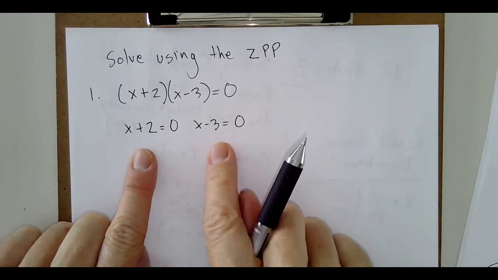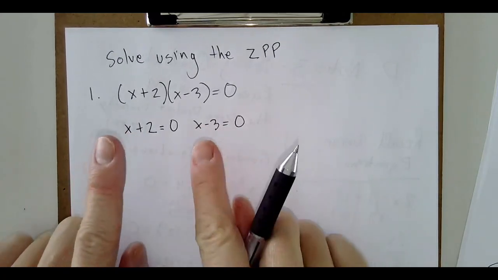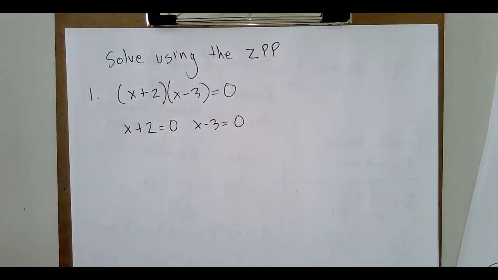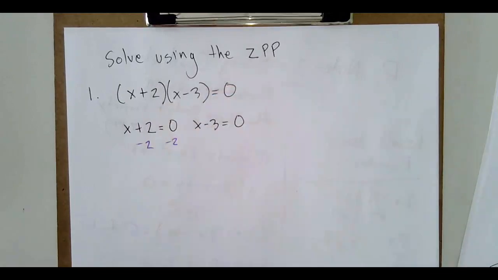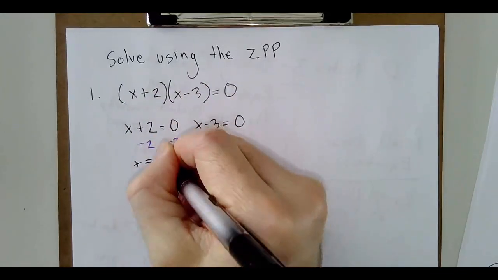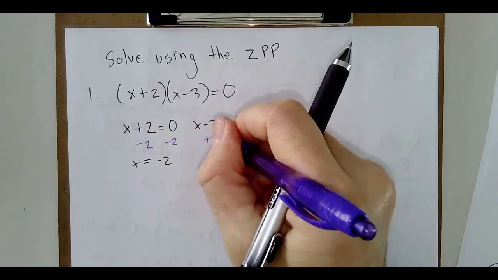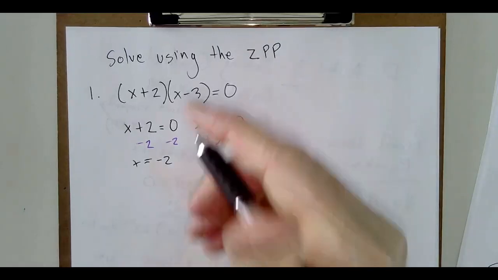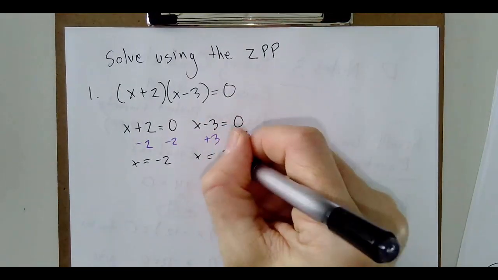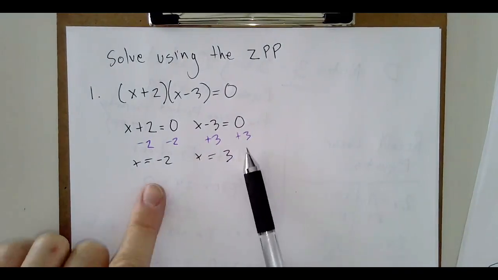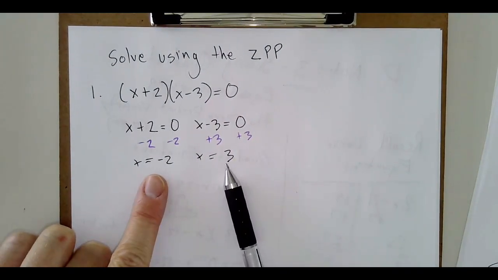Just do this and solve each little simple equation. So you add 3 to the other one. Subtract 2 from the first one. So you have two possible solutions for x.